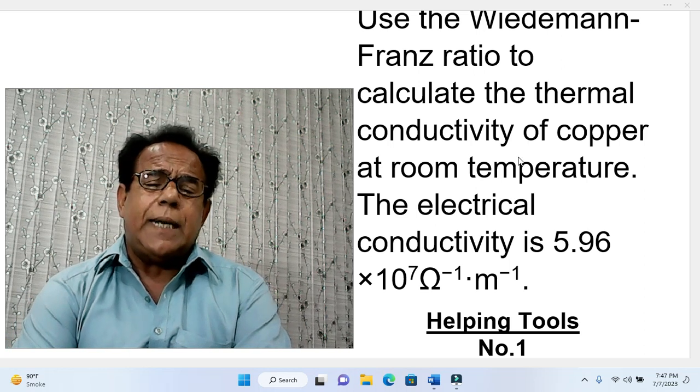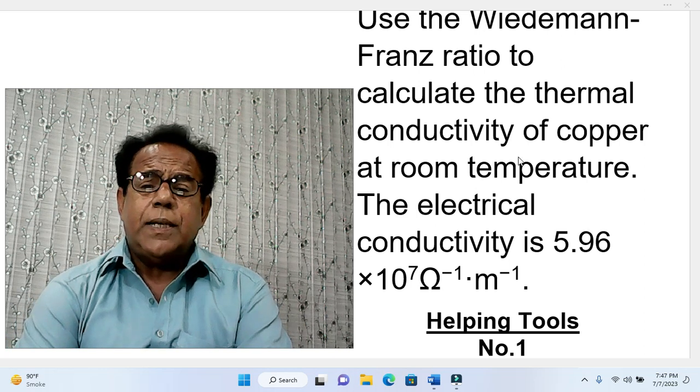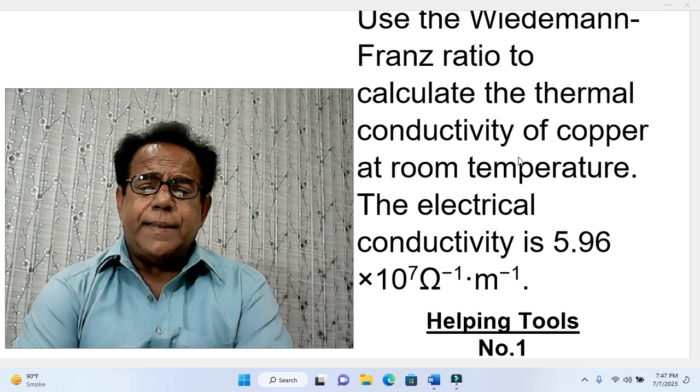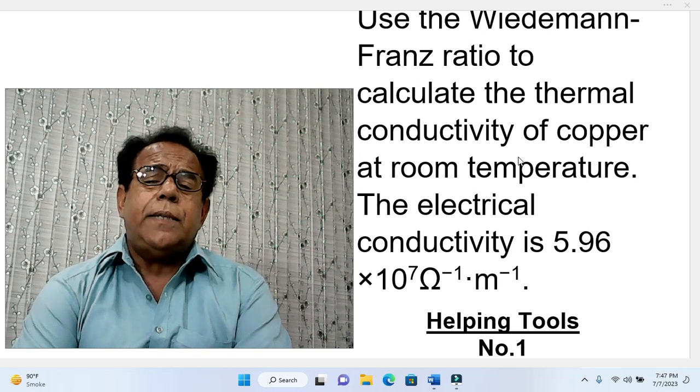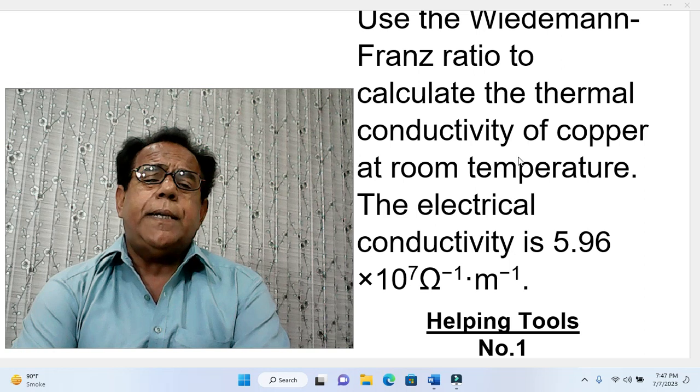According to some international standards, presently room temperature is assumed to be 20 degrees centigrade.